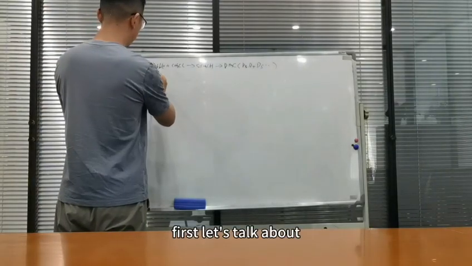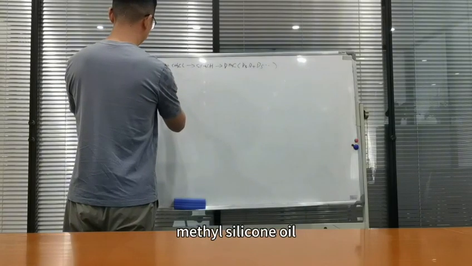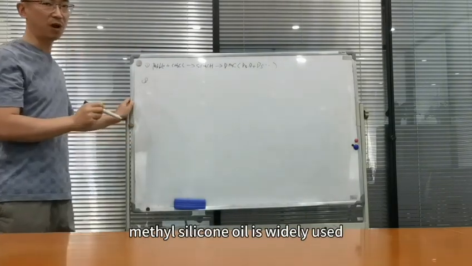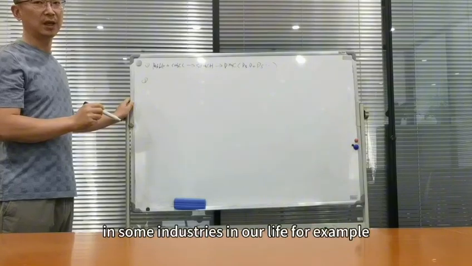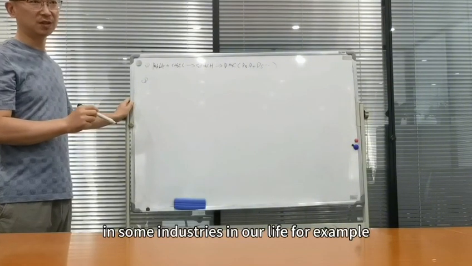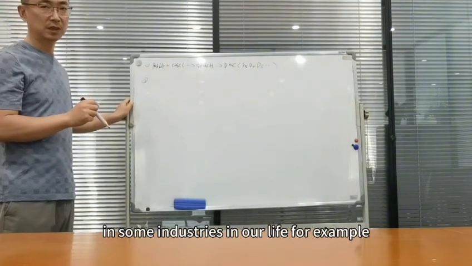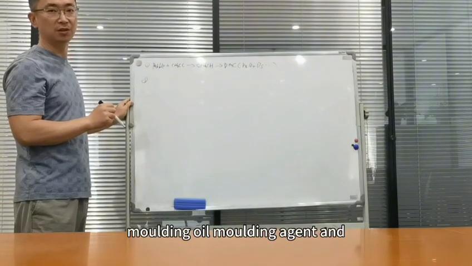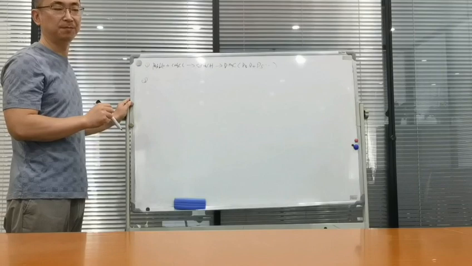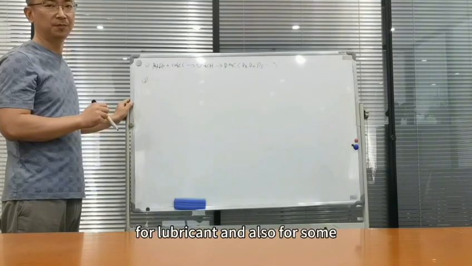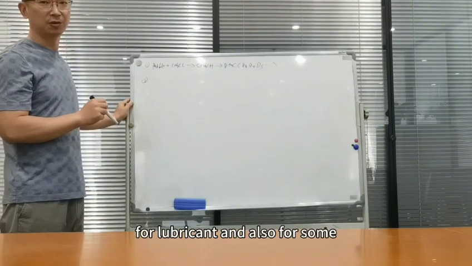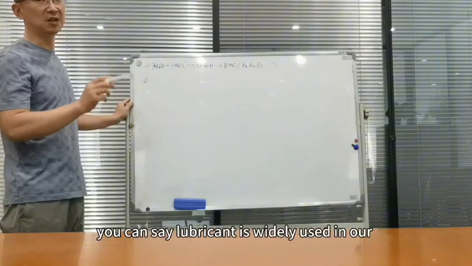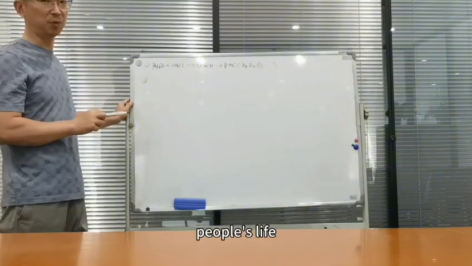First, let's talk about master silicone oil. Master silicone oil is widely used in many industries in our life, for example, as molding oil, molding agent, and for lubricant. Lubricant is widely used in people's life.